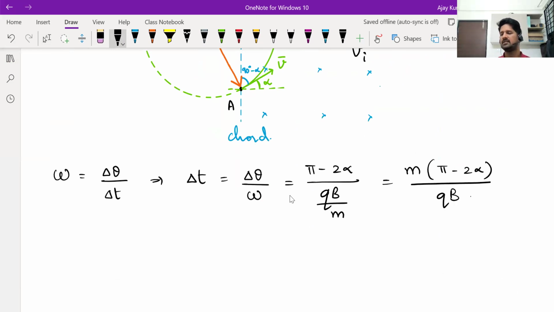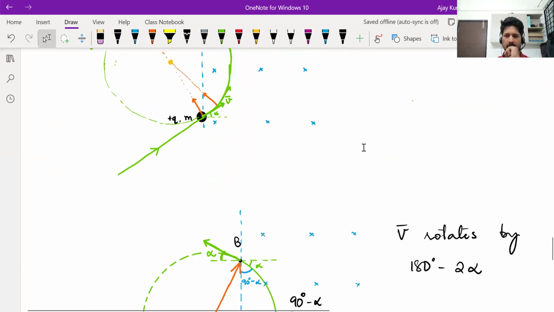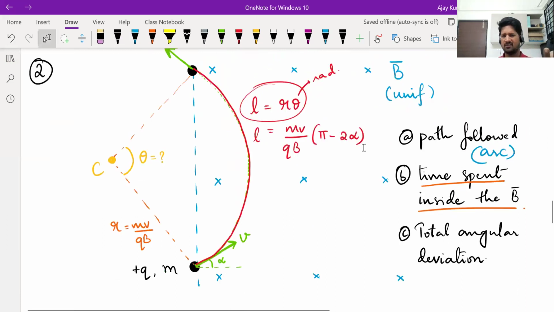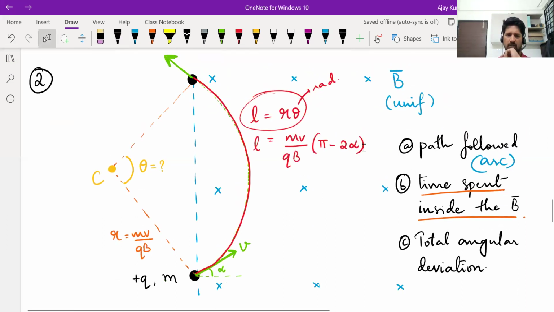Qb, that's the time the particle spends inside the magnetic field. Next, angular deviation. Angular deviation we have already calculated, pi minus 2 alpha. You'll need that anyway to find out the time spent inside the magnetic field.